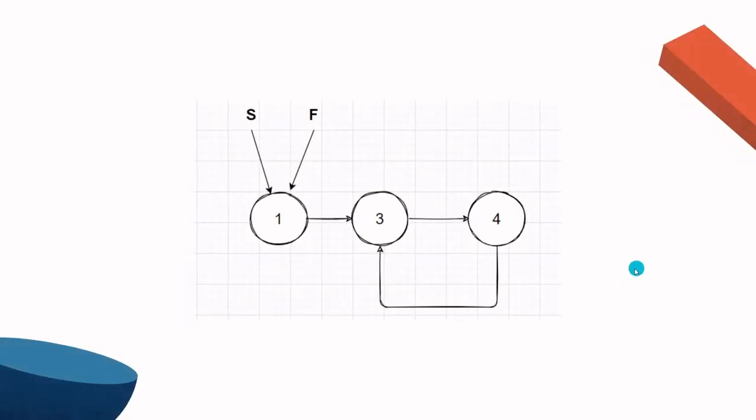So consider this as a linked list where we have a loop, and our slow pointer is here and fast pointer is here, which means we have initialized both these pointers to head. So now we are going to move slow pointer one node at a time, fast pointer two nodes at a time.